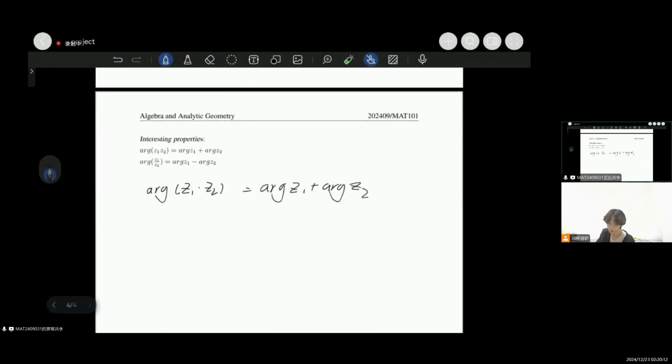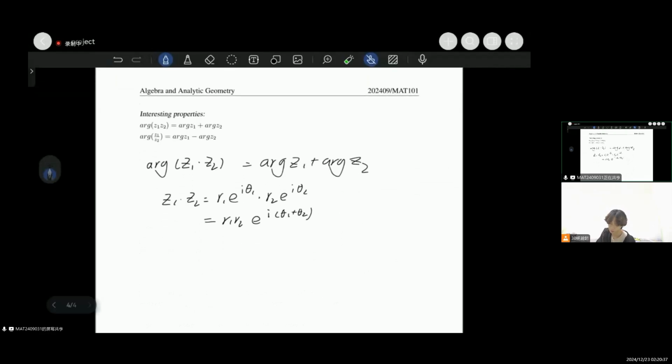We could use exponential form to solve this problem. z1 multiplied by z2 is equal to r1 e to the i theta 1 multiplied by r2 e to the i theta 2, which is r1 r2 e to the i theta 1 plus theta 2. And its argument is obviously theta 1 plus theta 2. And the argument of z1, e to the i theta 1, is theta 1. And this is theta 2. So it's equal.